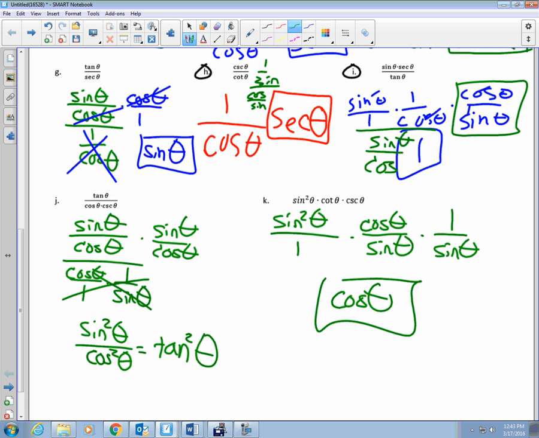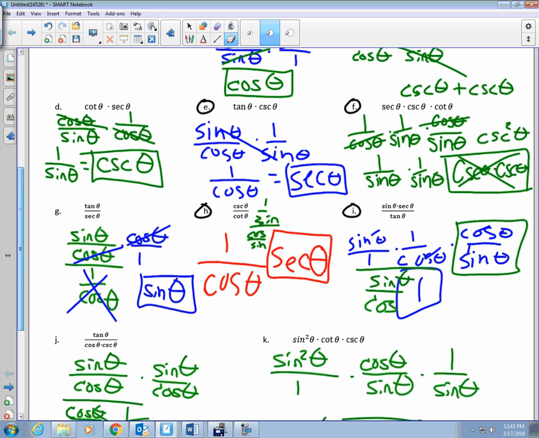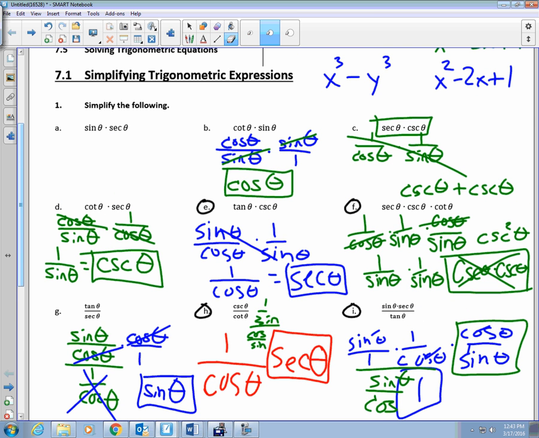Good point. If you look at this example right here, this is very common. And this is where you don't want to mess around like this on the test. You won't make any progress. Some people will take this problem right here, instead of taking sine over 1 times 1 over cosine, here's what people will do: 1 over cosecant of theta times 1 over cosine.